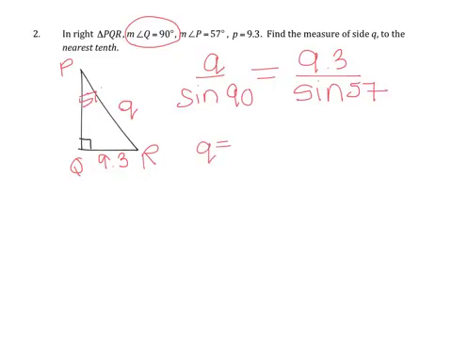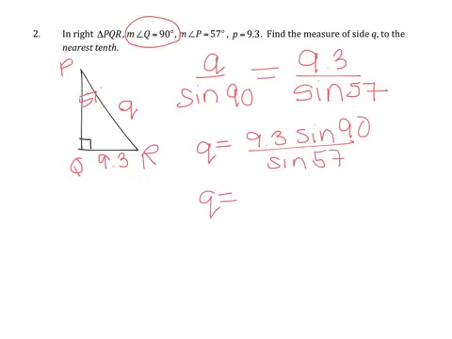So q is equal to the cross multiplication of 9.3 and sine of 90 all over sine of 57. Go ahead and plug that into your calculator and we'll round that to the nearest tenths place as specified.